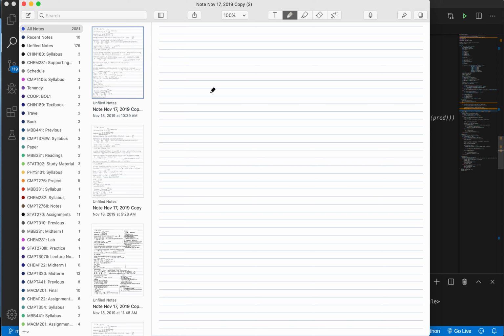The stratified k-fold takes the data and splits it into train and test. Sorry, that's supposed to be TR and TE.